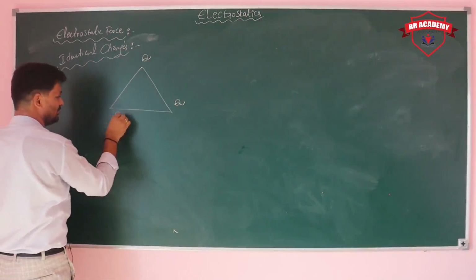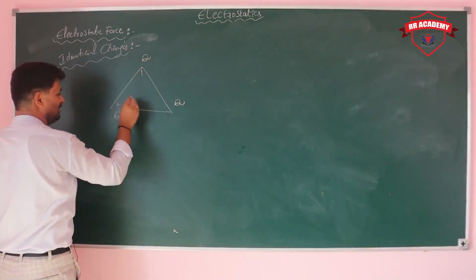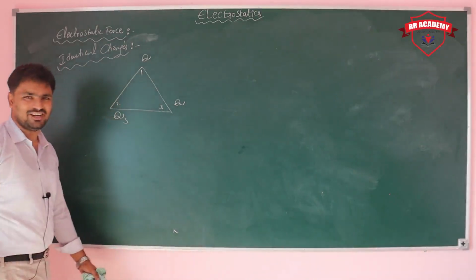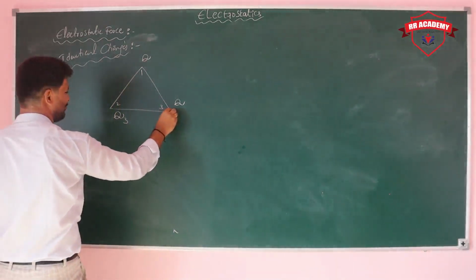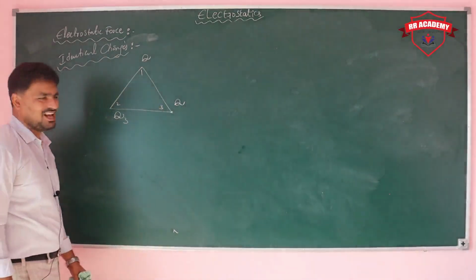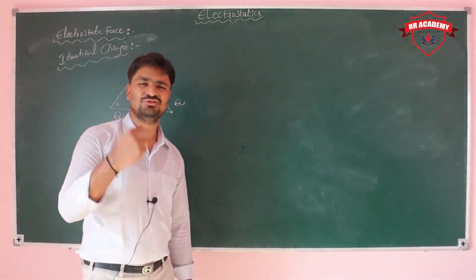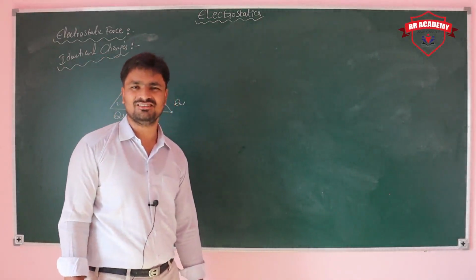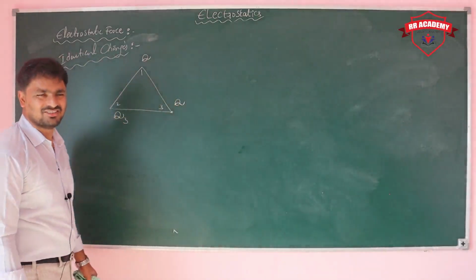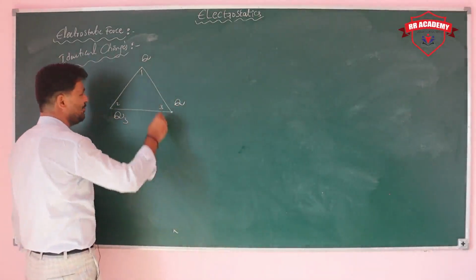Q1, Q2, Q3. You can give numbering 1, 2, 3 like that. Now you can try to get what is the force on this charge. See here, how many forces are acting on the third charge? Two forces. Attraction or repulsion? Yes, repulsion only, because like charges.